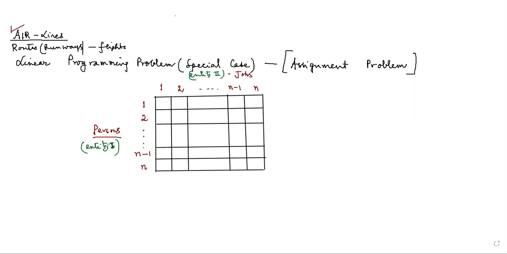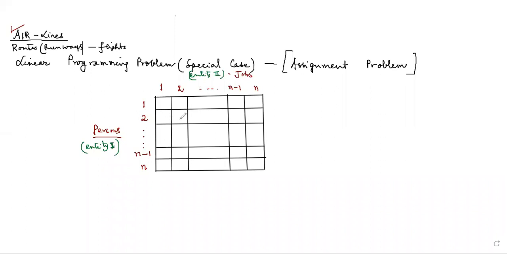So I'm going to assign person 1 to any of these n jobs, or on the other hand, I'm going to assign a particular job to any of these n persons in such a way so that some situation gets optimized.